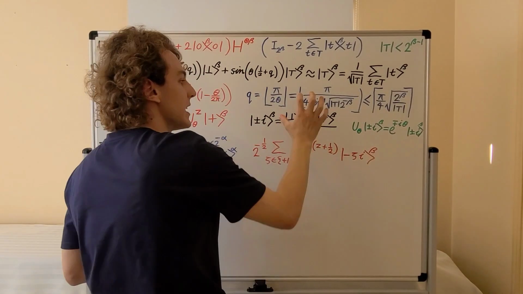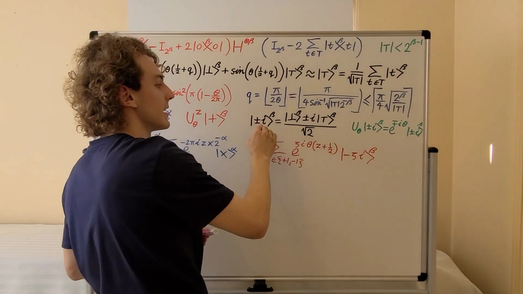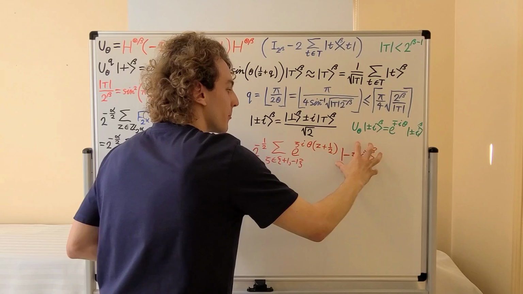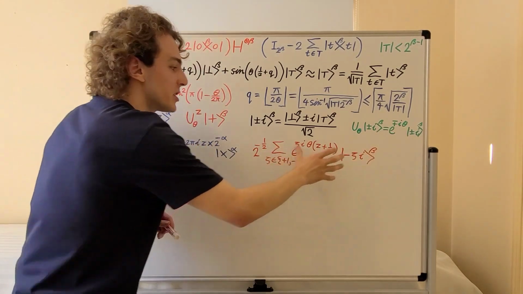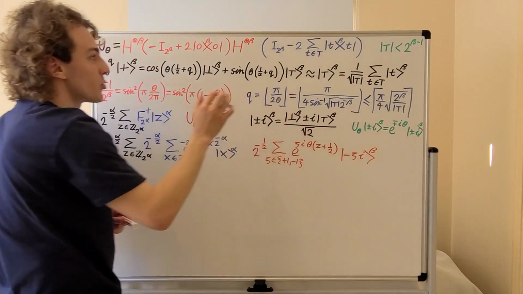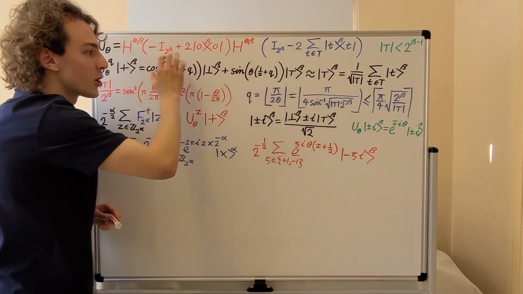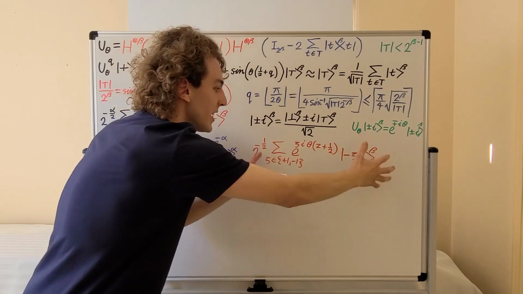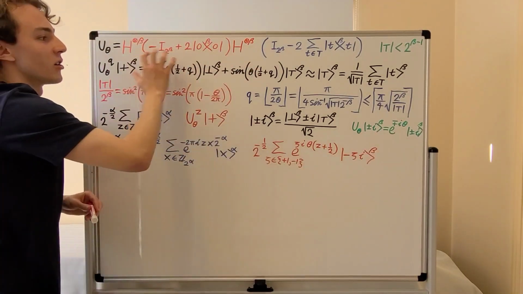These coefficients are multiplying the states labeled by minus zeta i. And if you take this definition for the plus or minus i states, you can substitute that definition in over here. And then you can do some algebraic manipulation, and you can identify that the trigonometric functions, sine and cosine, can be written in terms of these complex exponentials. So this will give you the same format of this equation.